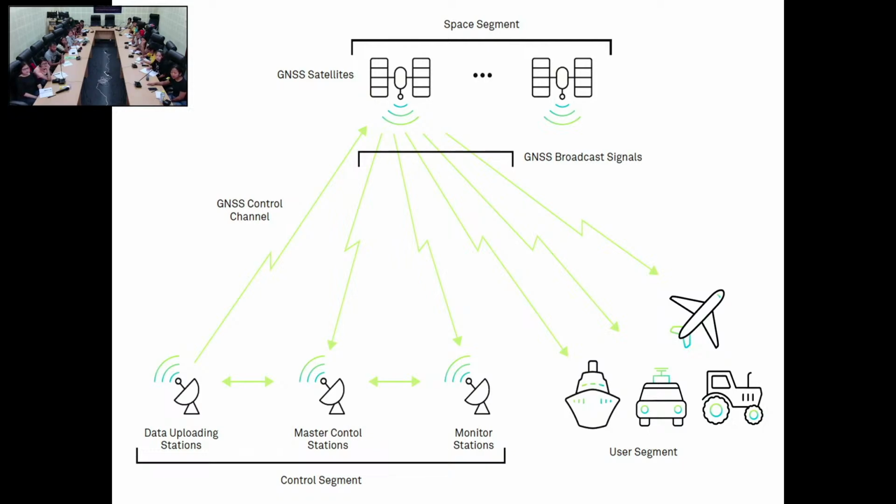If we don't have a user, what is the purpose of location? If the satellite is directly communicating with the user, then where will the data be processed, where will the accurate data go? So everything is complementary to each other. We have a constellation of satellites in space.